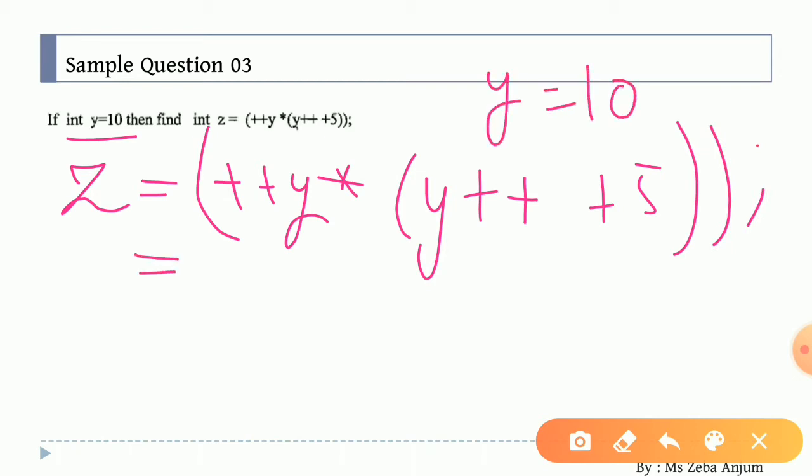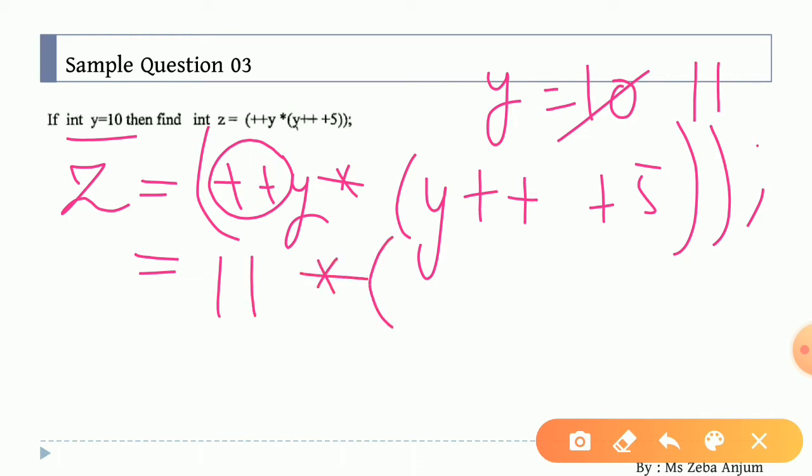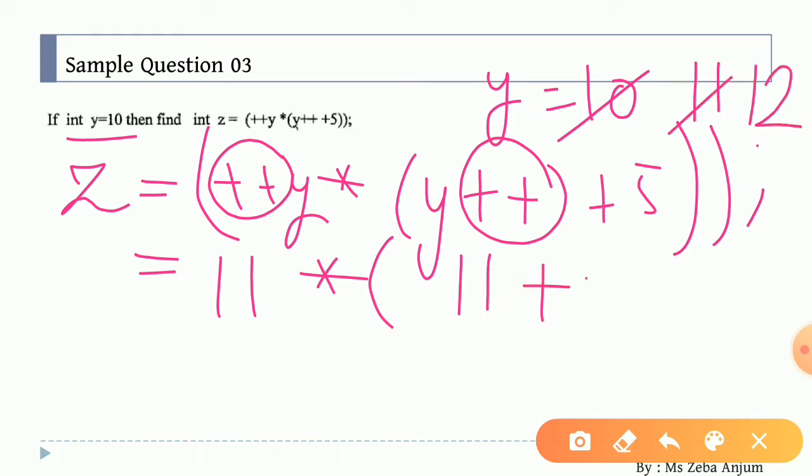So plus plus y. Firstly we are having the operators before y now. So firstly increase the value. It will give you 11. So 11 multiplied by, now y plus plus, the operators are present at the very end. Yes. So firstly you use the previous value and then afterwards you increase the value. Again we are having plus 5 with us.